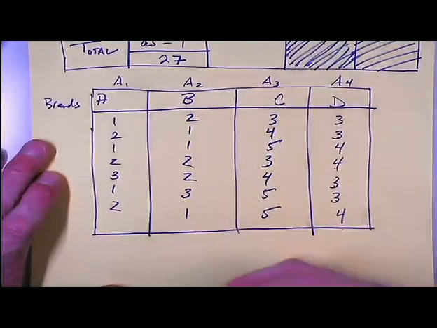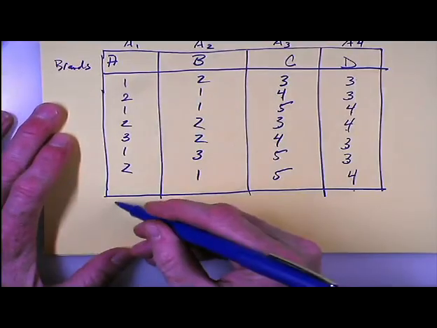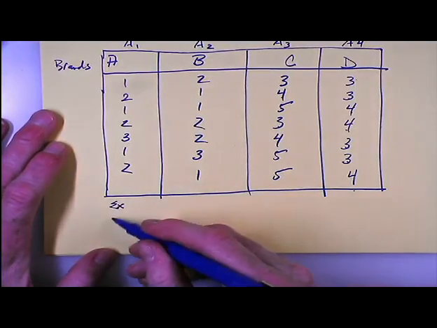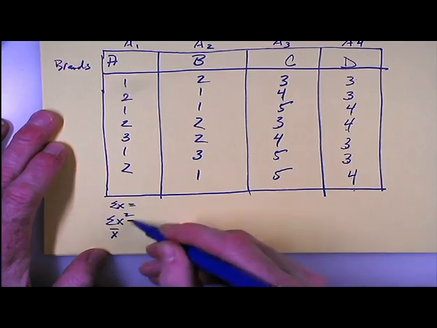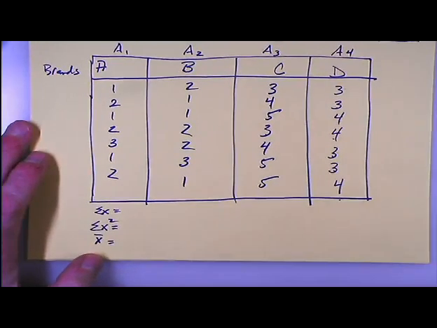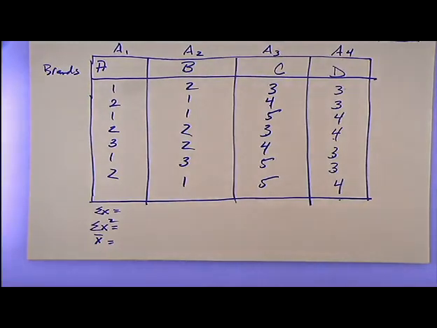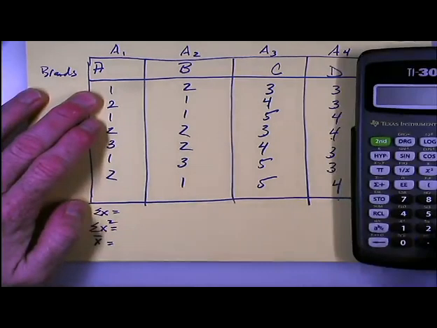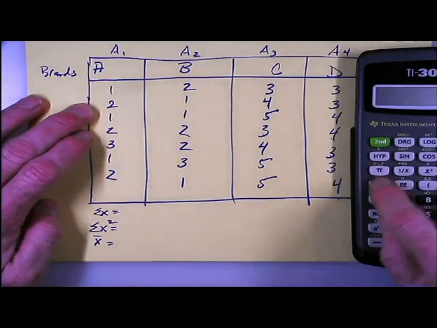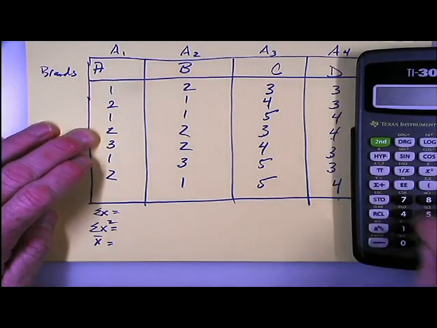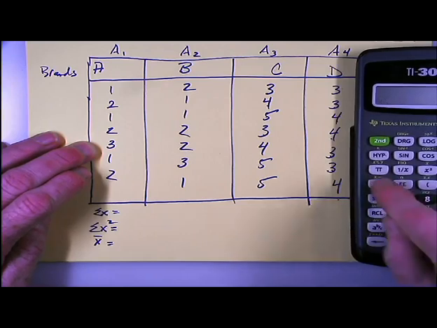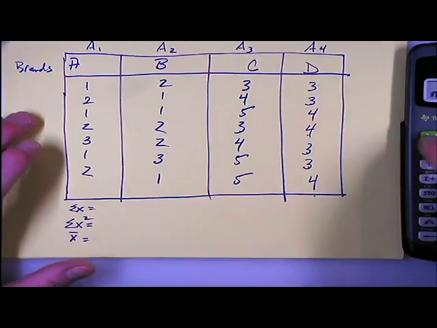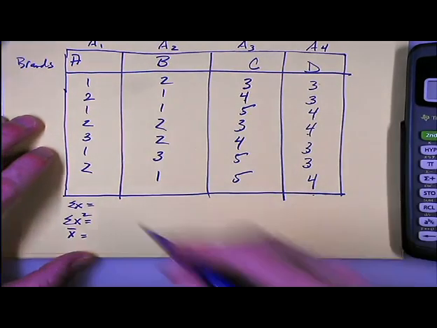Now, remember how when we were doing this before, we were getting the sum of the x's, the sum of the x squareds, and we can get a mean for each of these columns. So let's do that next. If my n is 7, my sum of the x's, I got 12.